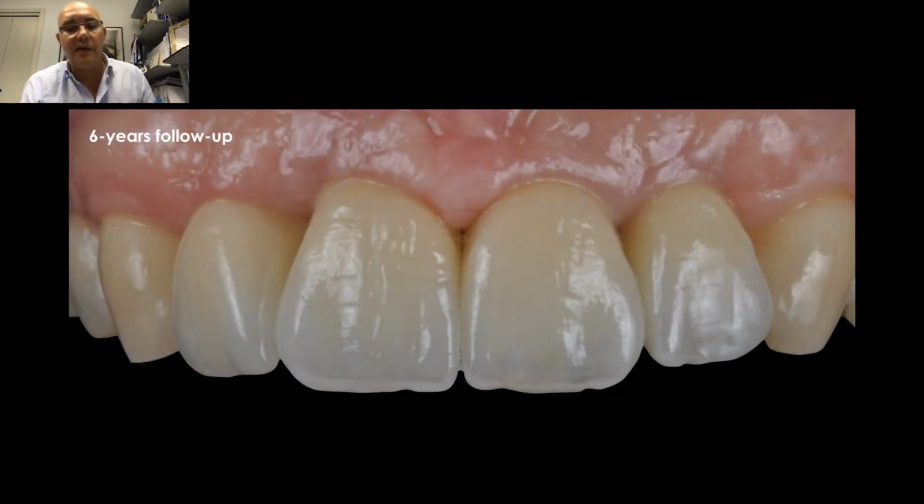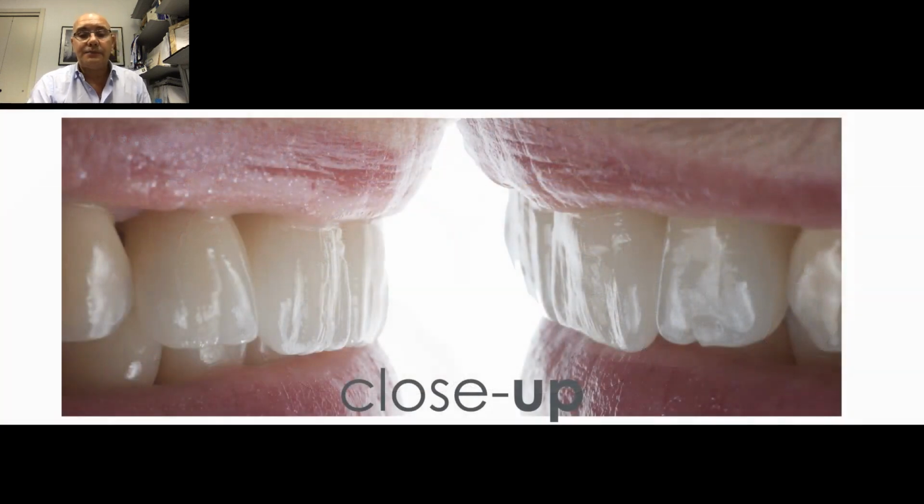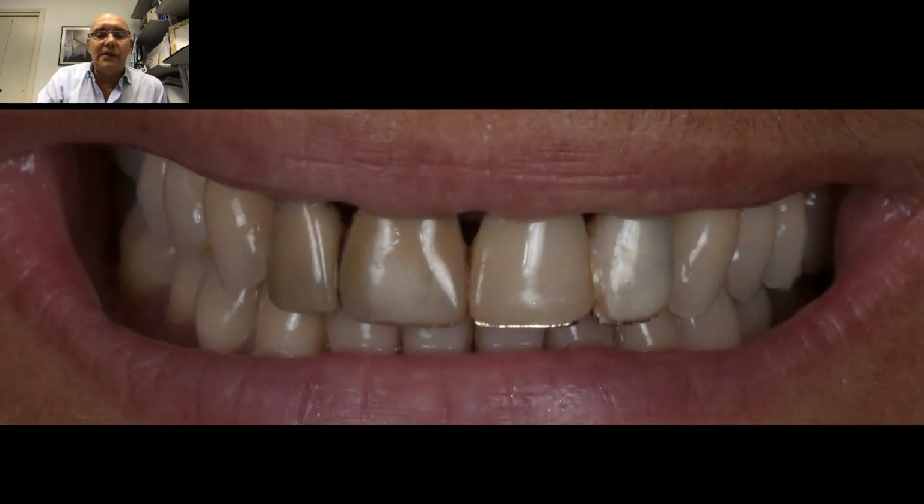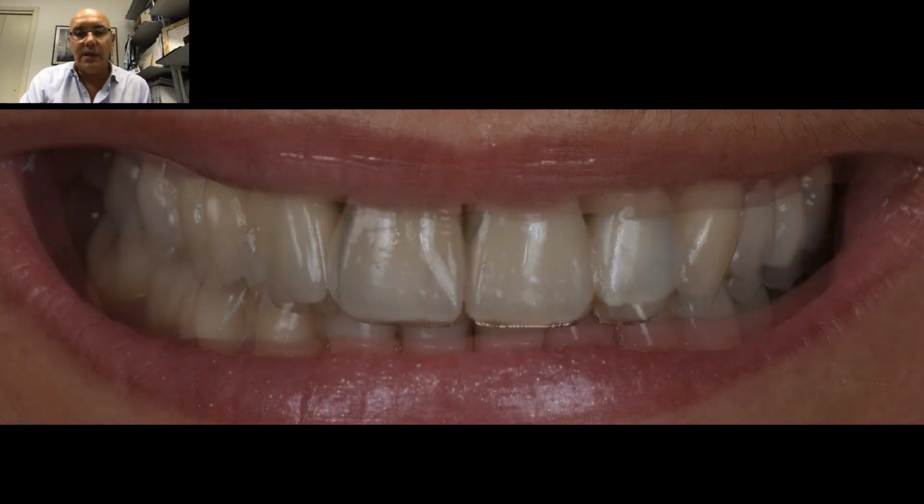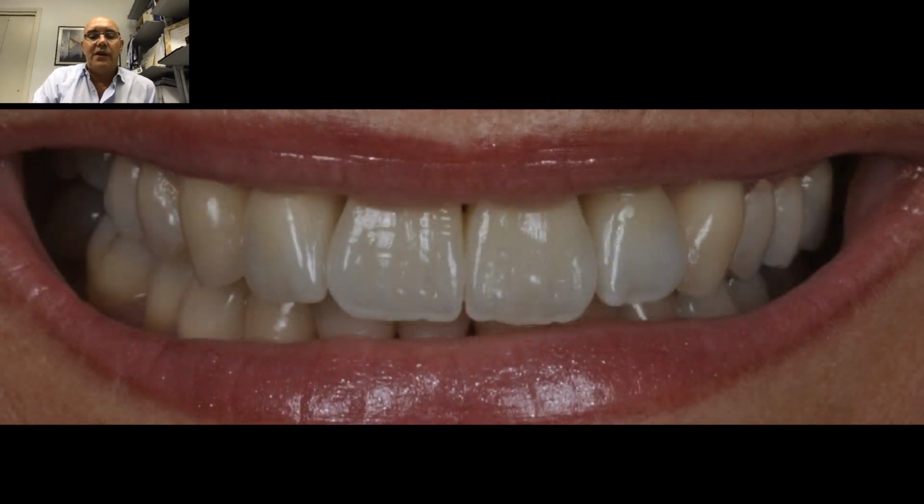And 6 years after the procedure, everything looks beautiful, everything looks stable, and everything looks the way we were planning to have at the beginning. This is a close-up of the final restoration, and this is just a comparison between the initial situation and the final restoration as it looks now.